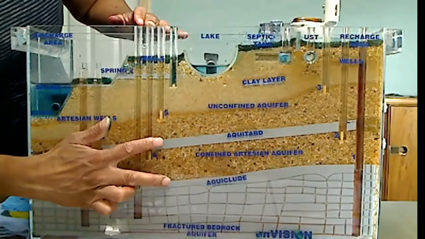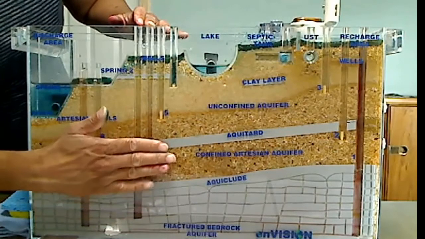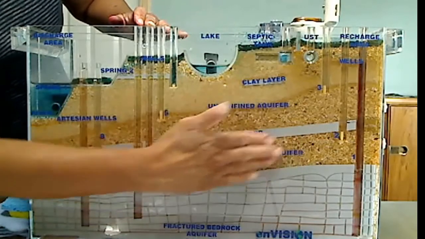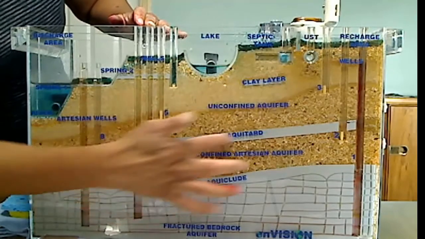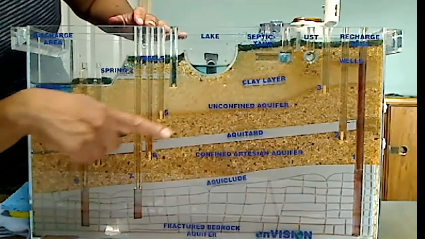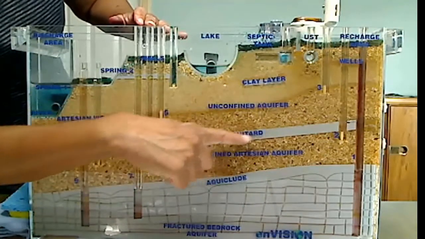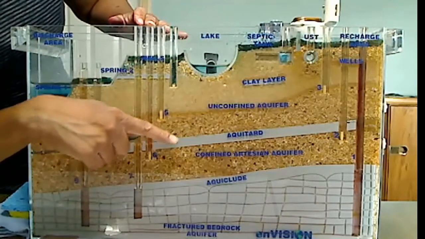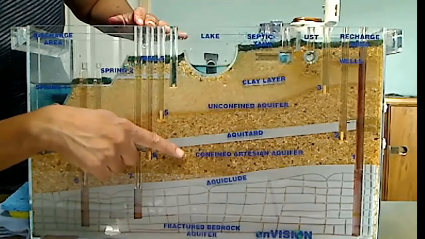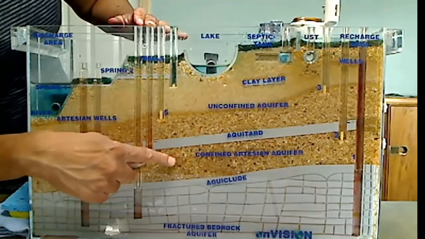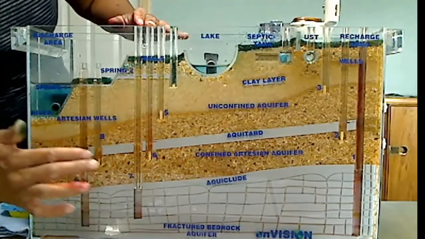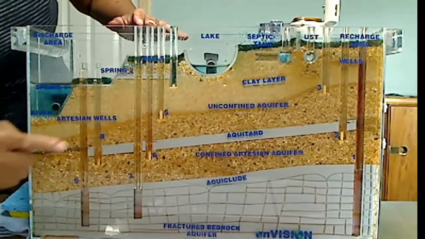So those two layers confine or allow the groundwater that's being stored in this geologic unit here to be contained within this area. And this aquitard or confining layer is putting pressure down on this area of groundwater, and so it can allow water to flow freely into an artesian well.